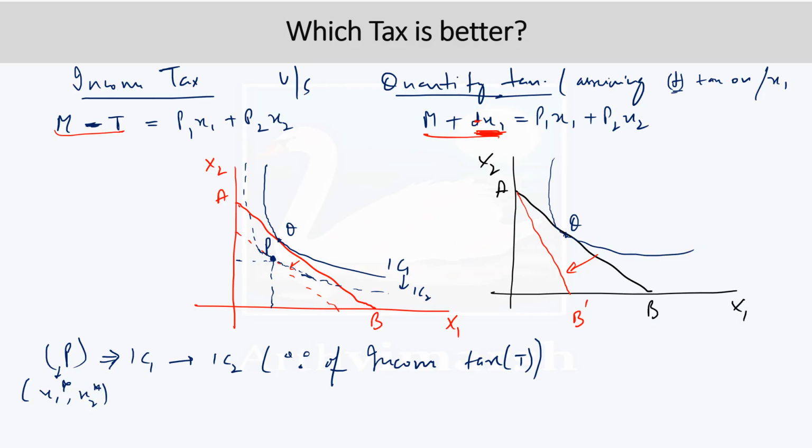Q. But as this line has rotated, obviously the optimal combination is going to lie where the budget line is going to be tangent, and let us say it's somewhere here at this indifference curve, IC4. Or let's call it IC1 and 2 only. We'll be superimposing both the graphs.